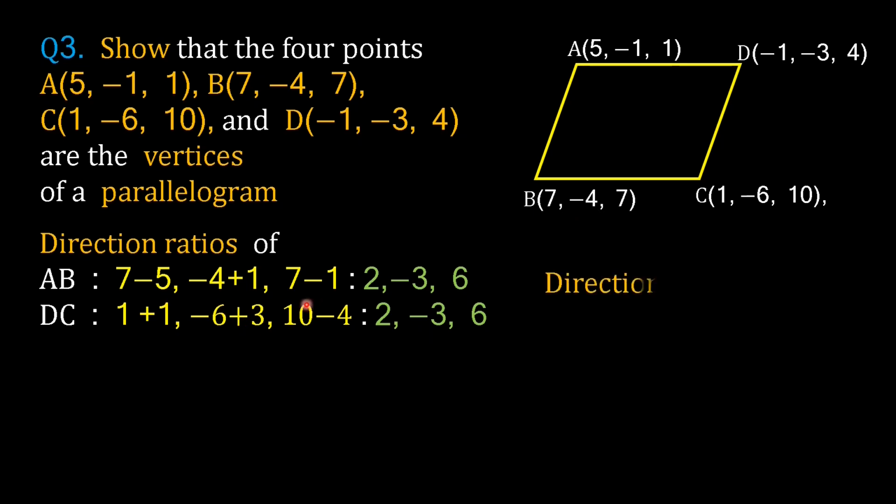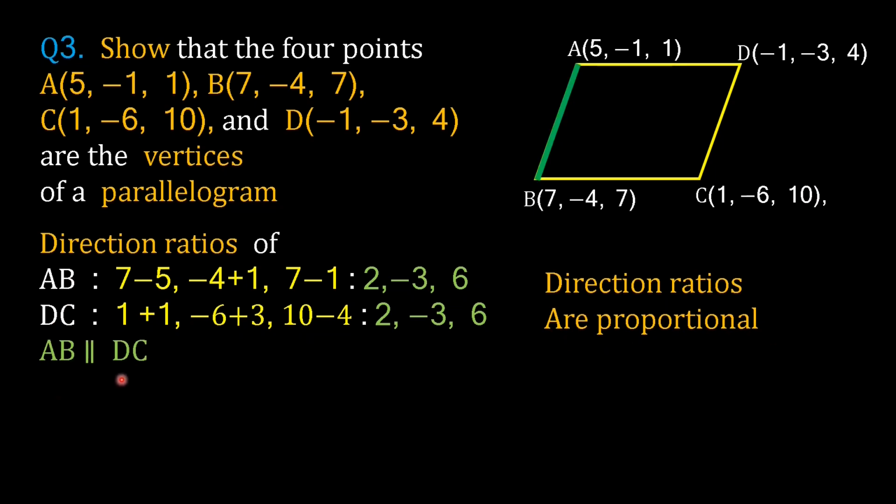Direction ratios of DC will be 1 plus 1, minus 6 plus 3, 10 minus 4, that gives us 2, minus 3, 6. Here, since the direction ratios of AB and DC are proportional, we can say that AB is parallel to DC. Side AB is parallel to side DC.